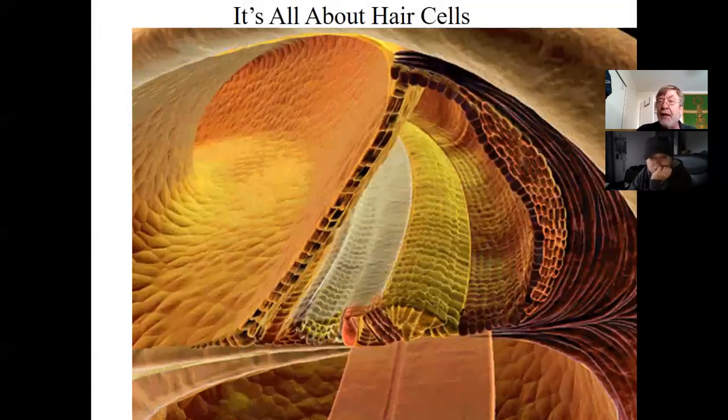So let's look at that in color because it's way more fun. So here you are again. Bony labyrinth, Reissner's membrane. This contains perilymph, scala media, membranous labyrinth, contains endolymph. You've got your stria vascularis.